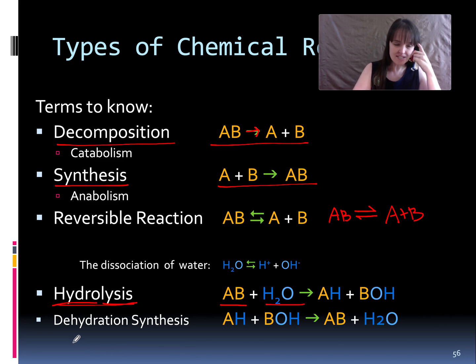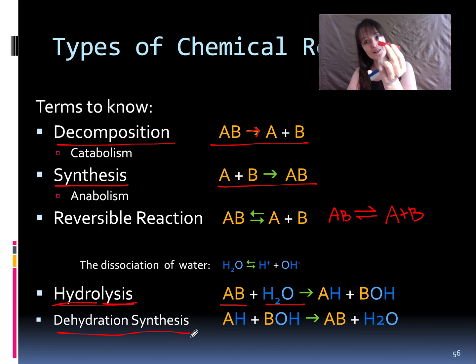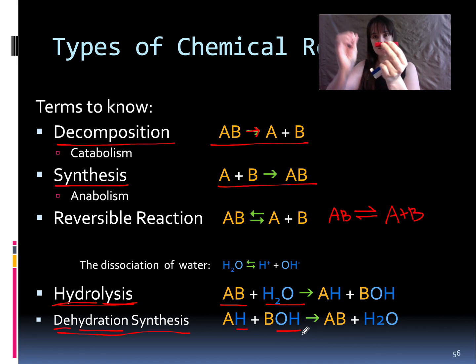And the opposite of hydrolysis is dehydration synthesis. Well, you start with an AH and a BOH and dehydration. So we're going to dehydrate. We're going to take the water out. We're going to take the Mickey Mouse ear off the A and the OH off the B, and we're going to create a water.